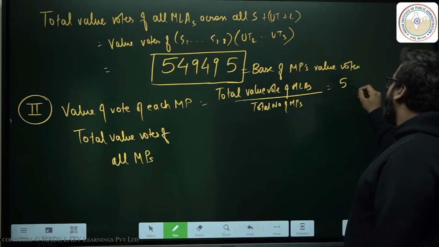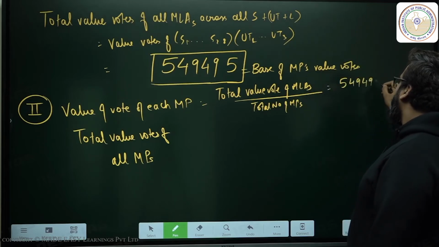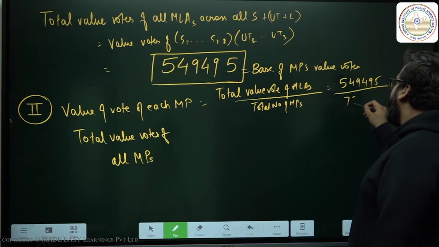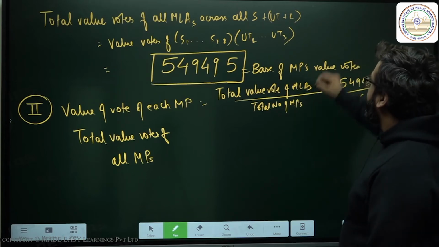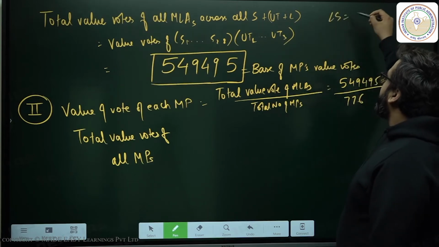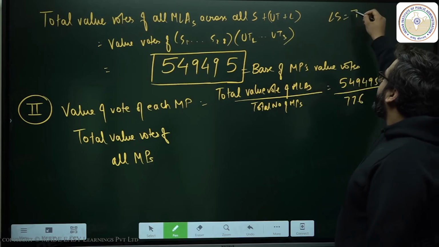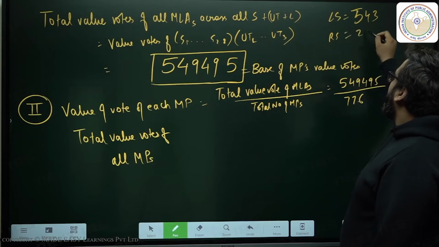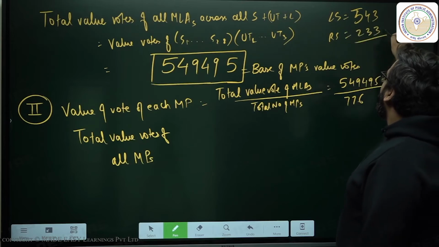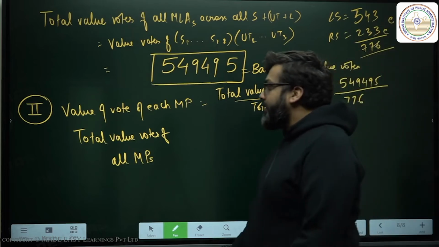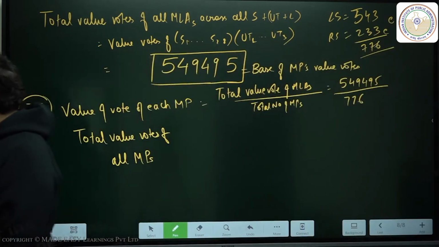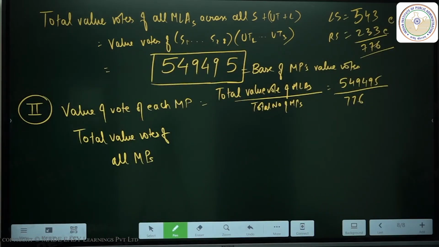So 549495 divided by 776, because Lok Sabha has 543 and Rajya Sabha has 233 elected members. So the total is 776. 1000 से भी डिवाइड करने की जरूरत नहीं है, because it's going to be a simpler mathematical figure.